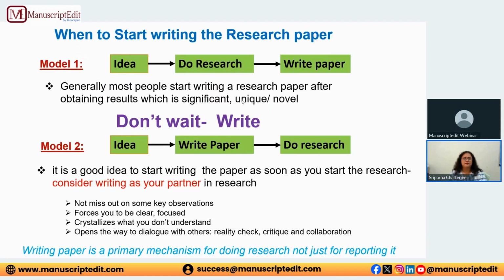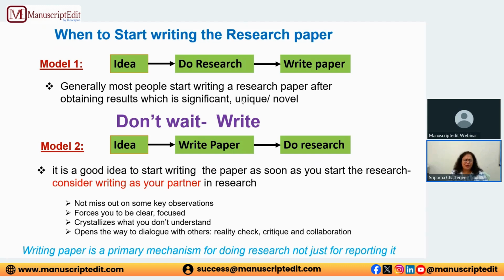Now, the question comes, when to start writing the research paper? The model one, which is very general, is that you have the idea, you have done the research, and then you write the paper. The second approach is very interesting. You don't wait to write; you have the idea and you start writing the paper while simultaneously doing the research.